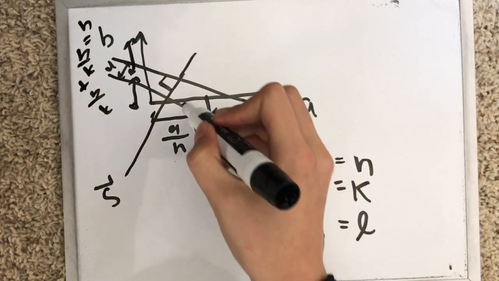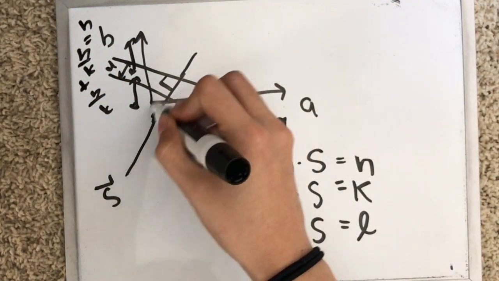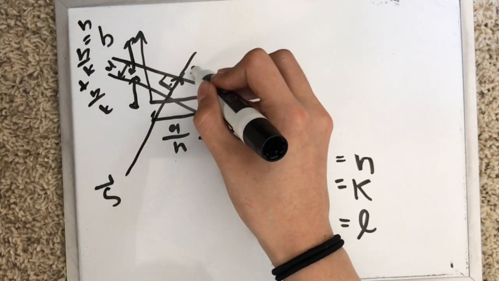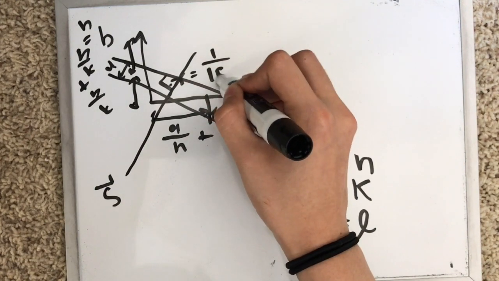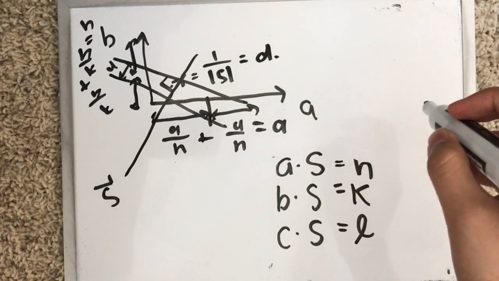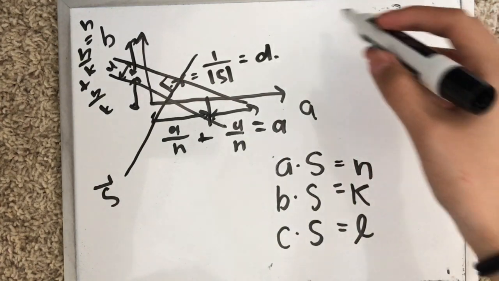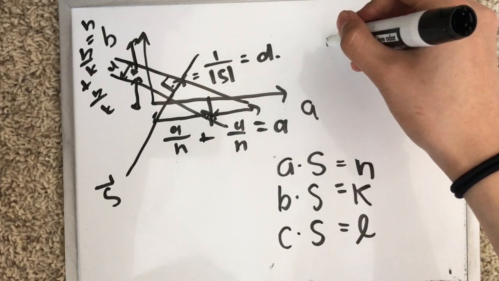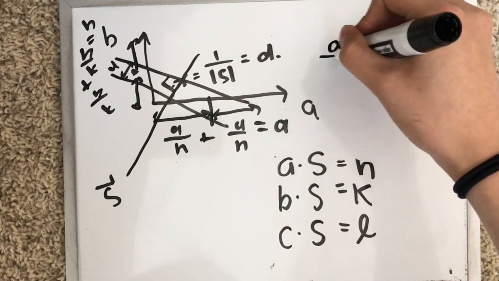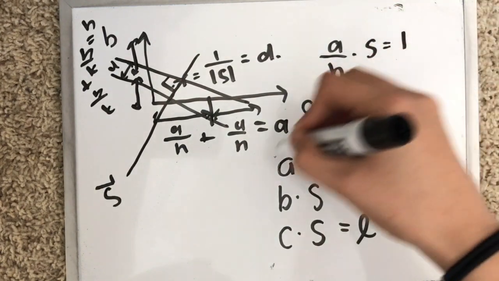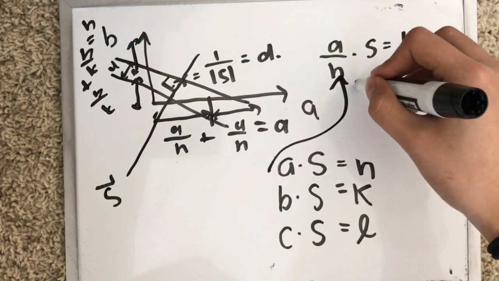So if you project the A over H vector on your S vector, you basically move this vector to align with this, you get 1 over the magnitude of S, but this also equals D. So D equals 1 over S, and also you know that A over H dot S equals 1. Just from this, you can rearrange these.